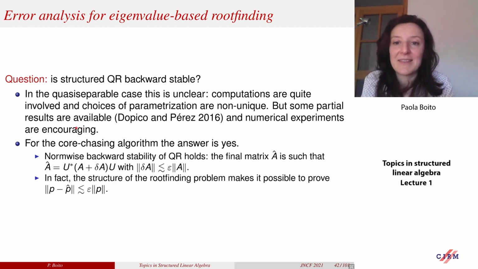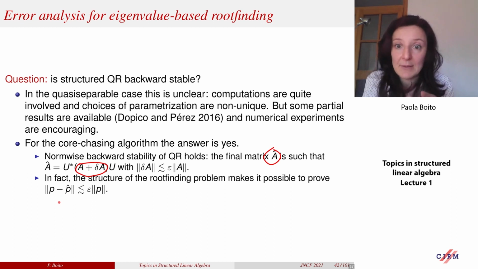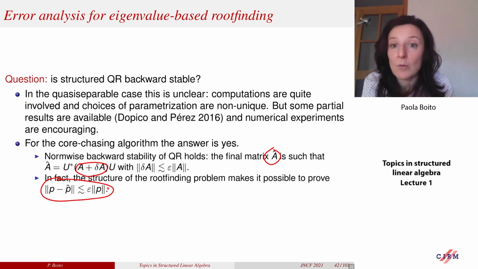On the other hand, the big improvement that comes from the core-chasing approach is that one is able to prove backward stability. In fact, not only does it hold that this version of QR is backward stable, so it gives us a final matrix A hat that is unitarily similar to a matrix that's close to the original one, but it's also possible, if we look at the root finding problem, to establish this backward error bound that tells us how this method is stable also as a root finder.